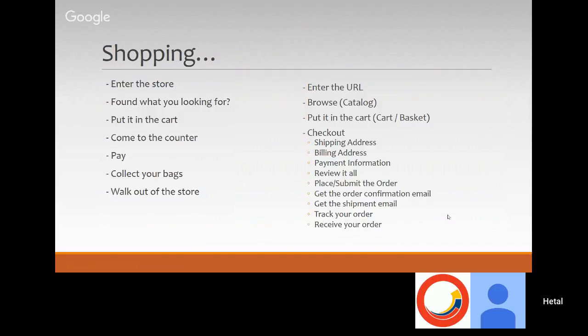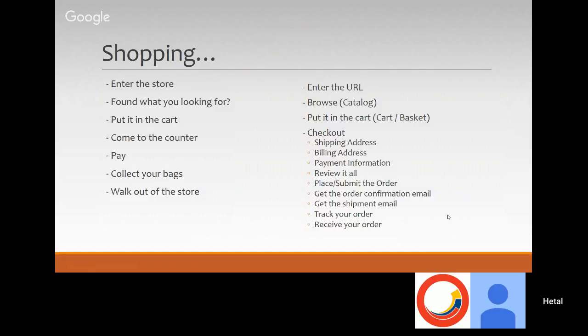The checkout is a fun process. So now, before you can come to the counter or pay, that process changes. When you come to the checkout, you have to provide the address because you are not physically present there. So you provide your shipping address, and then you provide your billing address that is associated with your credit card. I'm sure most of you have done this a lot of times on Amazon or any other online shopping websites.